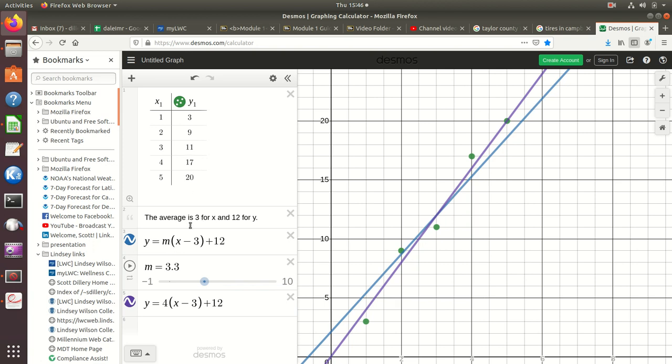But if I know the average for each column, so the average of the x's and average of the y's, I can put it in this point slope form and just mess with the slope. Then I don't have to worry about the intercept. I can find the intercept when I've finally decided what the slope is. Okay, so that's fitting our data using a point slope form.